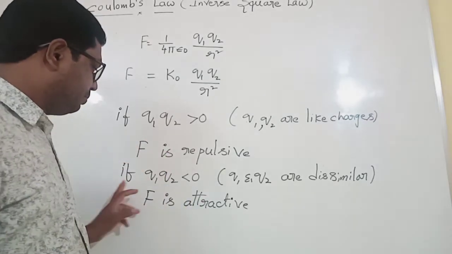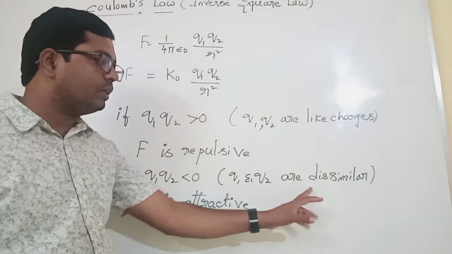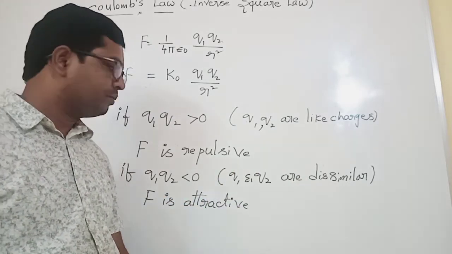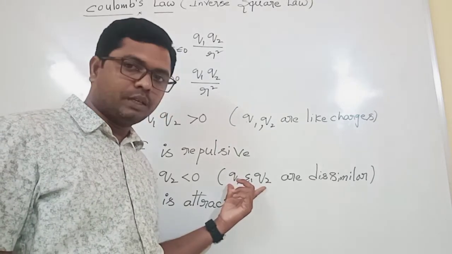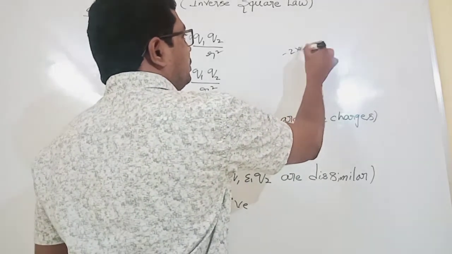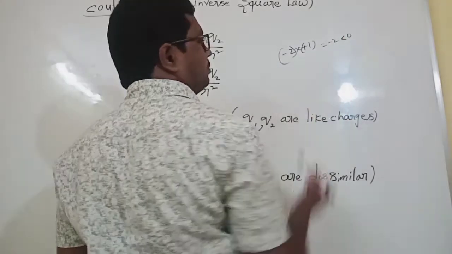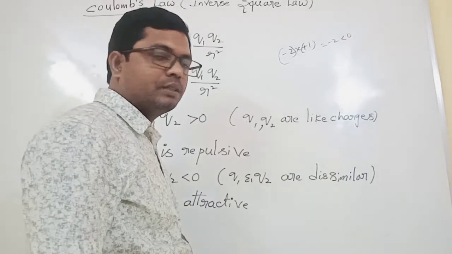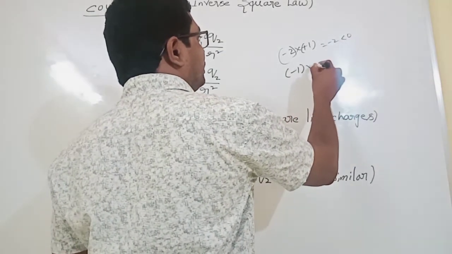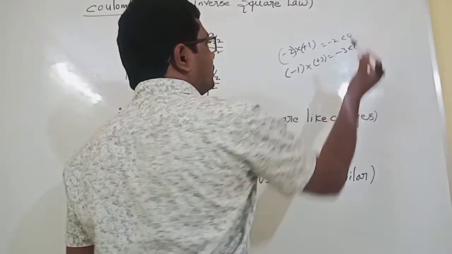Next, if Q1 Q2 is less than 0, that means Q1 and Q2 are dissimilar charges. That means one is positive, the other one is negative. Minus 2 into plus 1 is equal to minus 2, less than 0. Can you understand? Minus 1 into plus 3 is equal to minus 3. It is also less than 0.